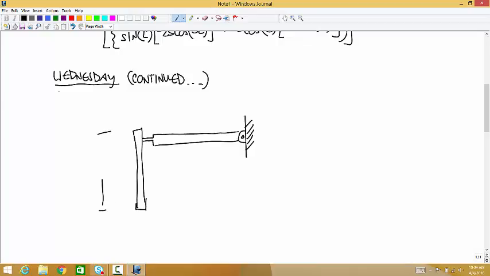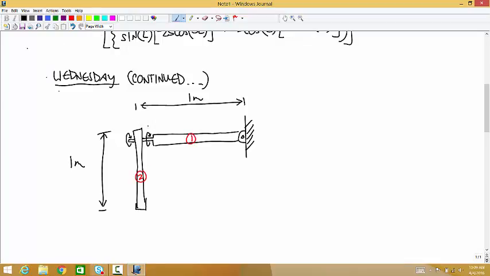These were each 1 meter long. This one I was calling body 2, this is body 1.